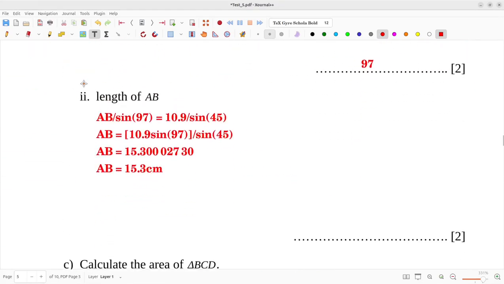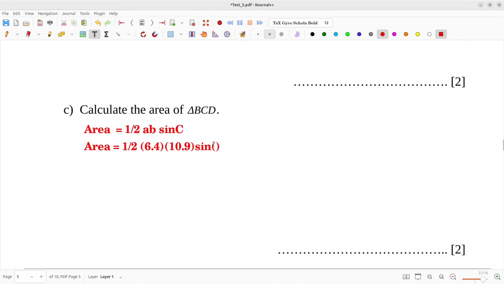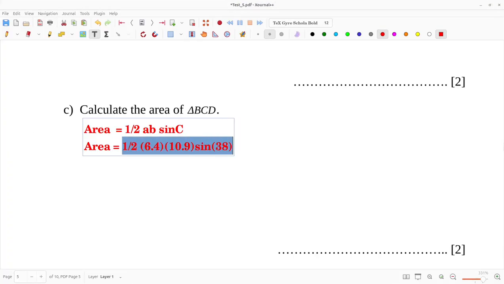It's 38. Just put this on your calculator, and that's the answer.